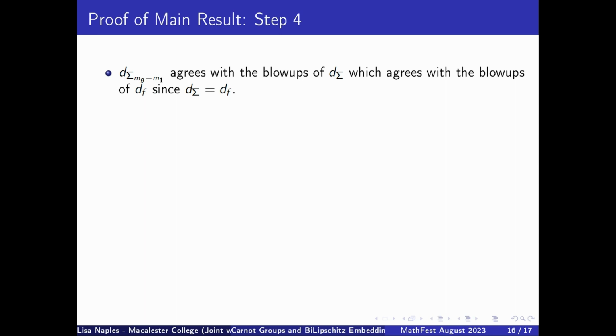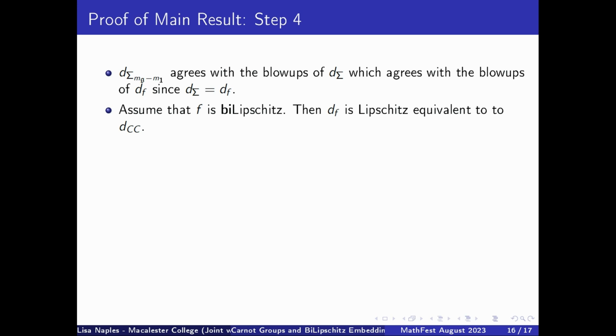Okay. This cut metric that we get agrees with the blowups of our original cut metric. This means that it also agrees with the blowups of d_f, our induced metric, since our original cut metric and d_f agreed to begin with.